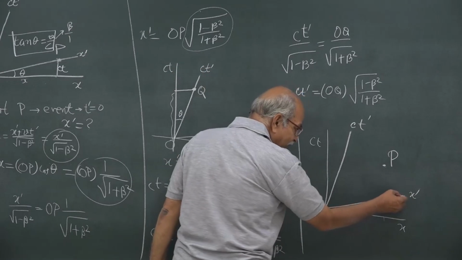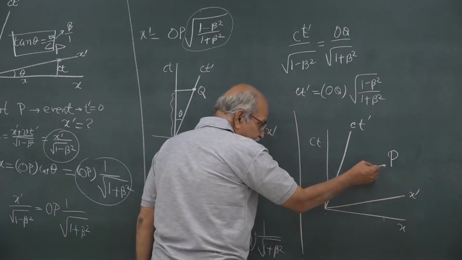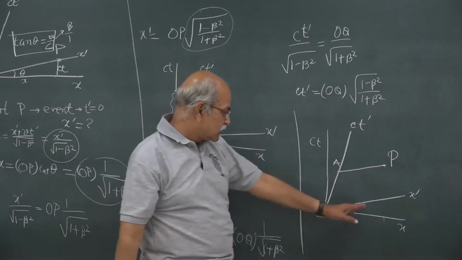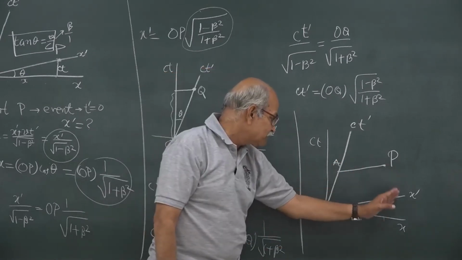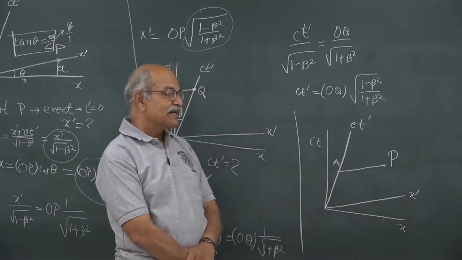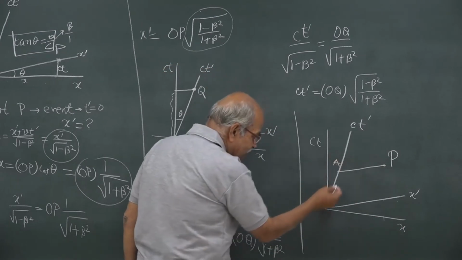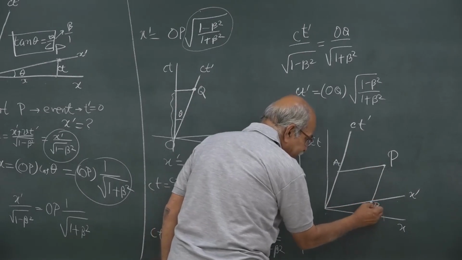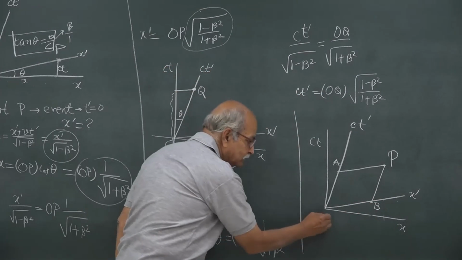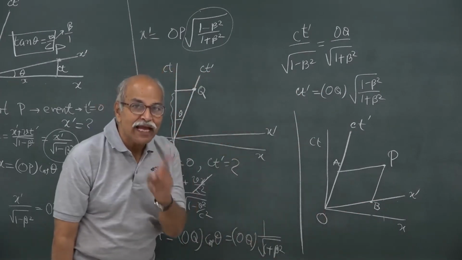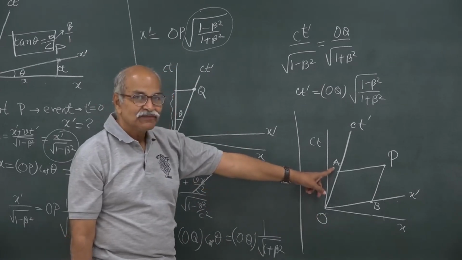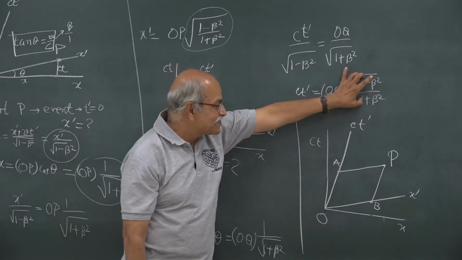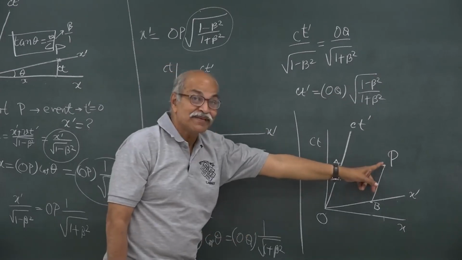I will draw a line which is parallel to this, suppose it is here and it meets at A. You draw a line from P which is parallel to this x prime line and suppose it meets at A. And similarly, you will draw a line which is parallel to the CT prime and then you get a point here which is B. So, to get CT prime, geometrically measure this OA, multiply by this factor, and you get what is CT prime of that event represented by P.